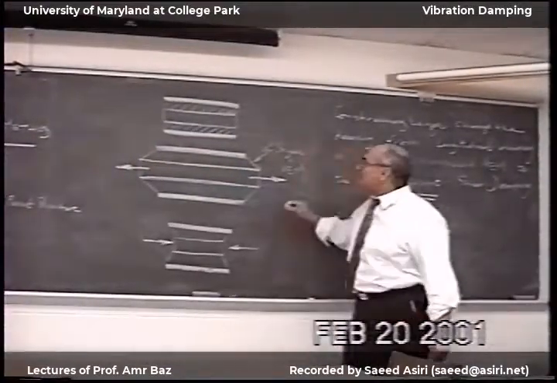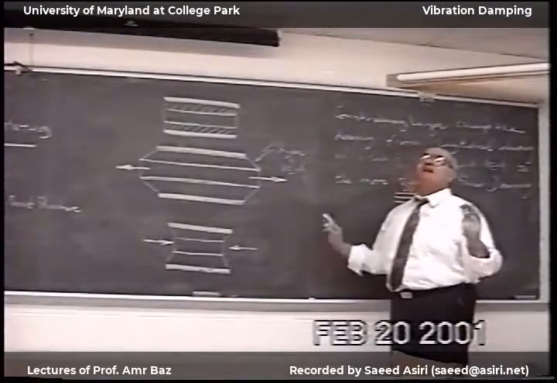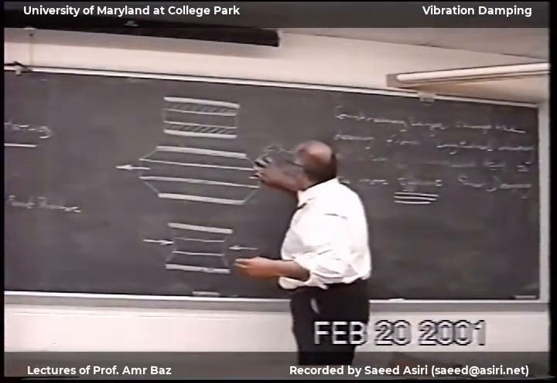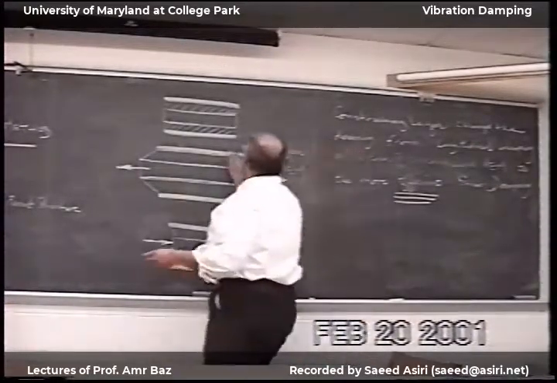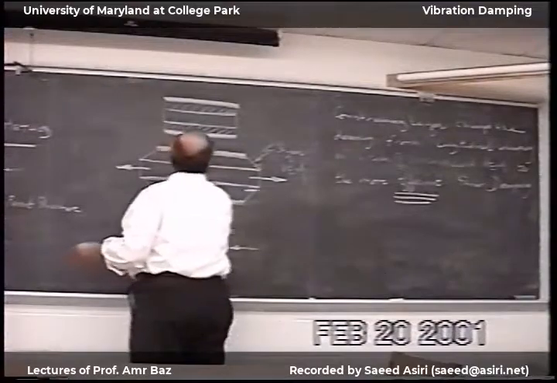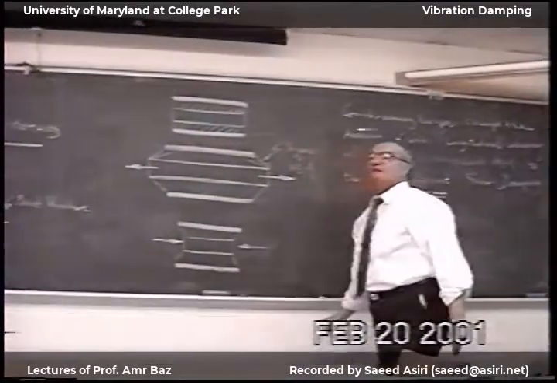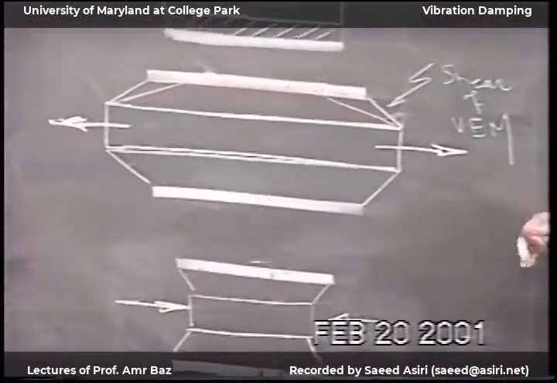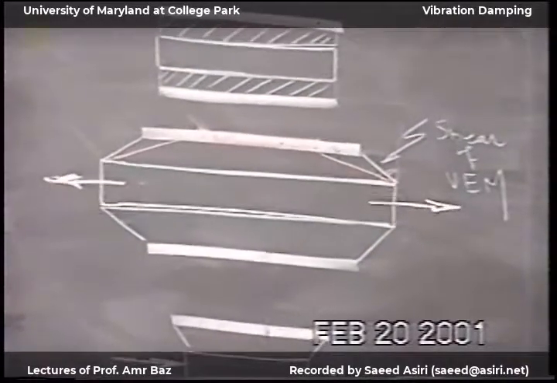Because the whole idea is this shear angle. I want to make this shear angle as large as possible. So now, originally I was here. Now if I take this and feed it back here, I can make this shrink and take this position, and I can make the shear angle very big. And this is what we do in active constrained layer damping. I can make it active. We will not describe this in this class.